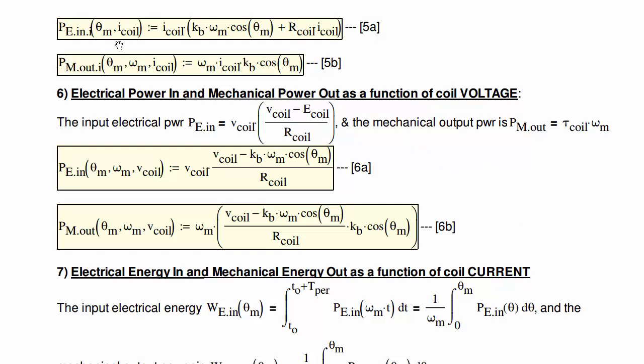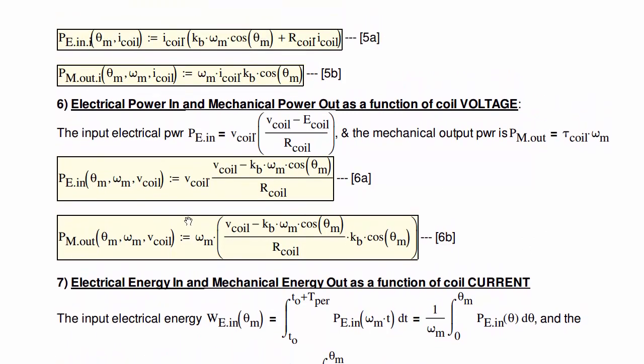Now these are a function of current, I coil, but we're really more interested in expressing them as a function of voltage, because after all we're going to be applying a voltage, not applying a current. The current will be the response. So the electrical power is still V coil times I coil, but I coil will be equal to, as we did before, the external coil voltage minus the internal Faraday voltage E coil, divided by R coil.